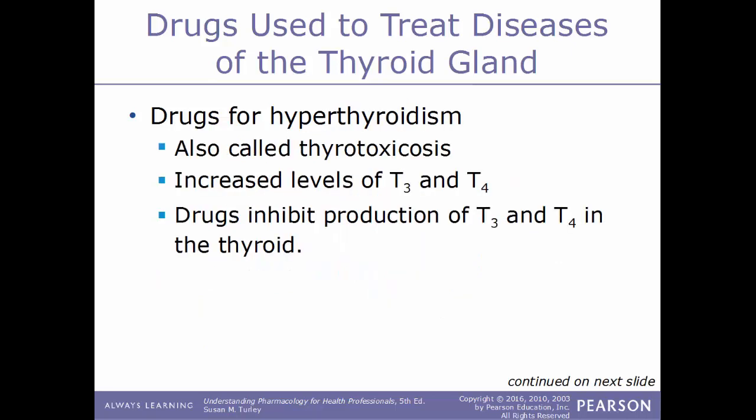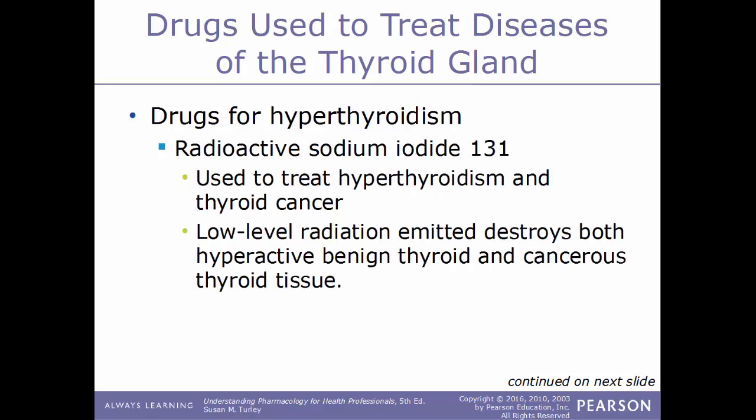Drugs that would treat hyperthyroidism. This condition is also called thyrotoxicosis, and it's due to the increased levels of T3 and T4. The drugs that would be used to treat this condition inhibit the production of T3 and T4 within the thyroid. An example is radioactive sodium iodine 131. This is used to treat hyperthyroidism and also thyroid cancer.